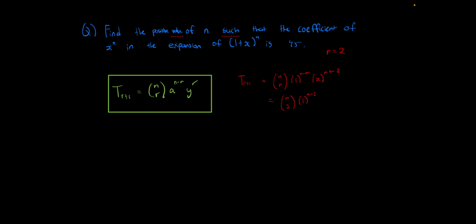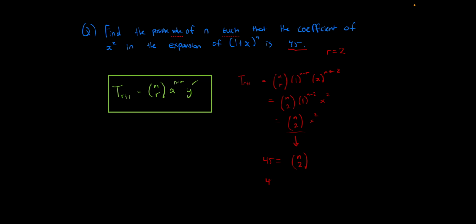So we don't have to write that down. But we do get x squared. So this becomes n choose 2 and x squared. And now we are given that this coefficient in front of x squared is equal to 45. So let's say 45 equals n choose 2.